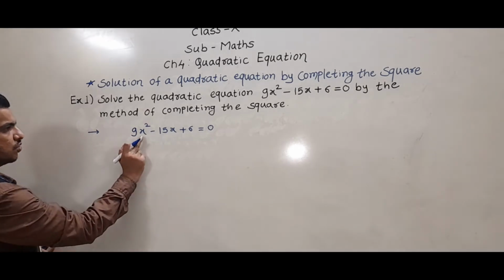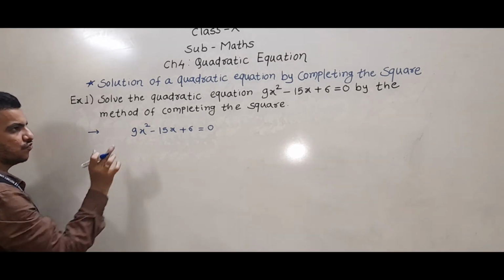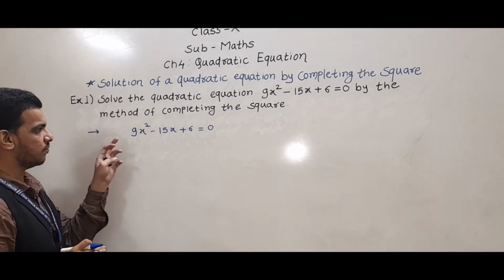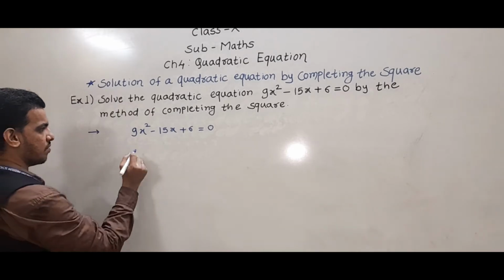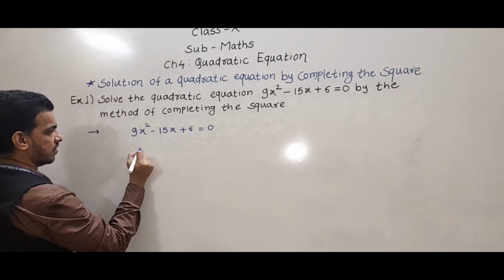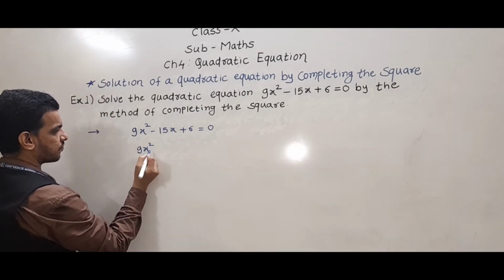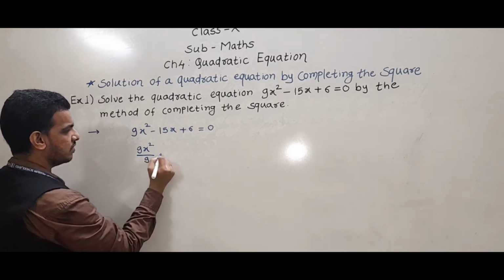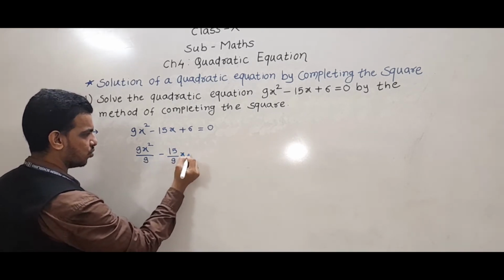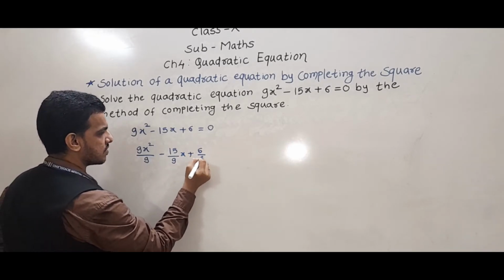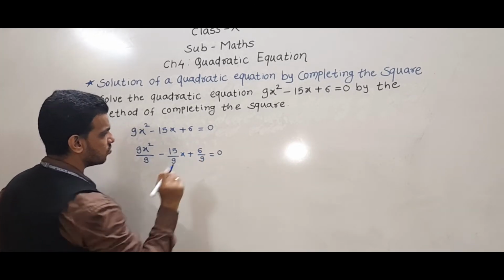Here the coefficient of x square is 9, so first we have to divide this quadratic equation by 9. So 9x square divided by 9 minus 15 by 9 into x plus 6 by 9 is equal to 0.